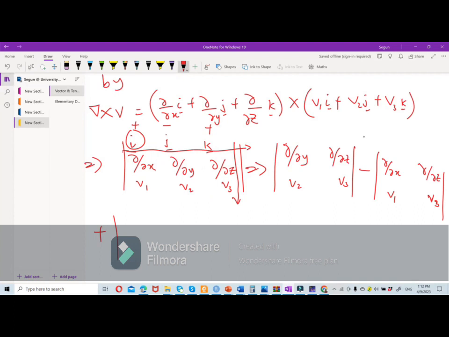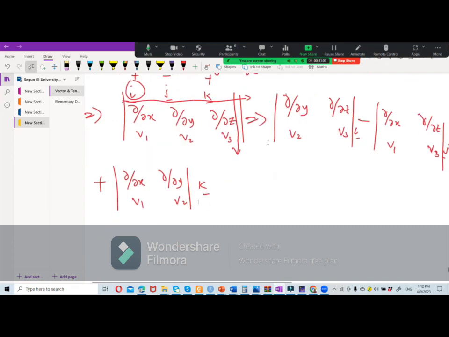What do we have? D dx v1, d dy v2. Don't forget the component i, the component j, and the component k.